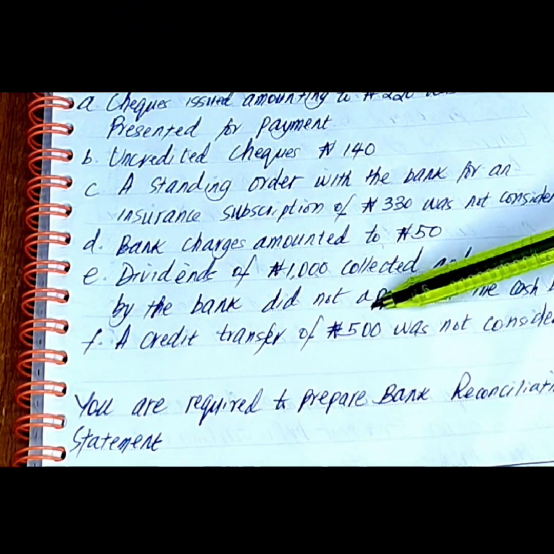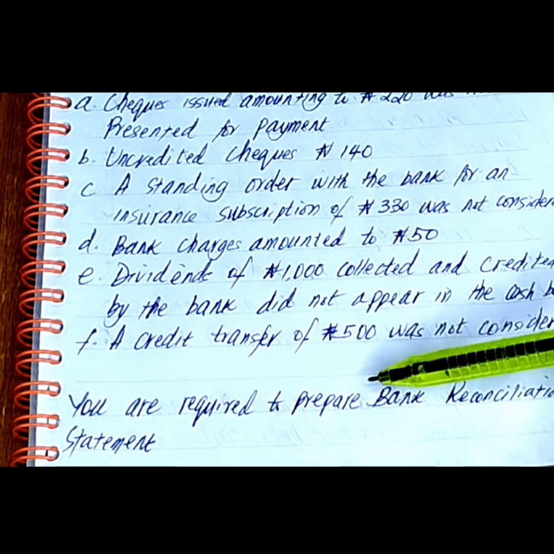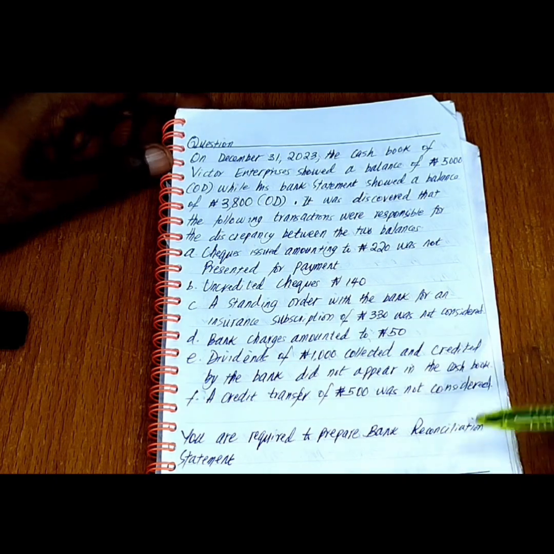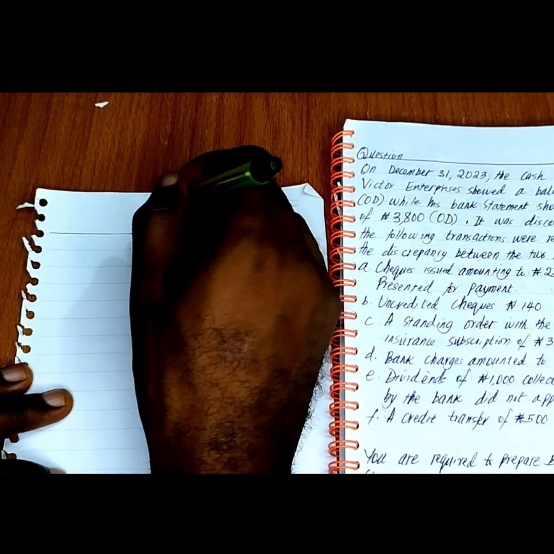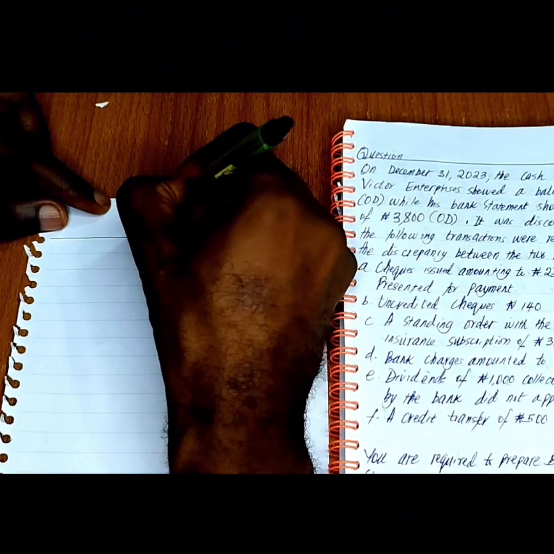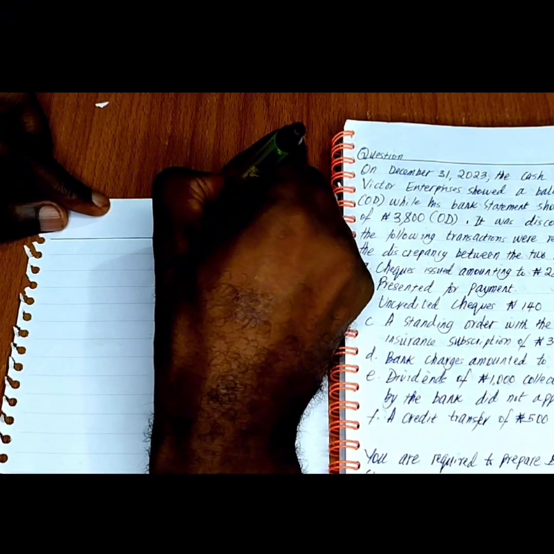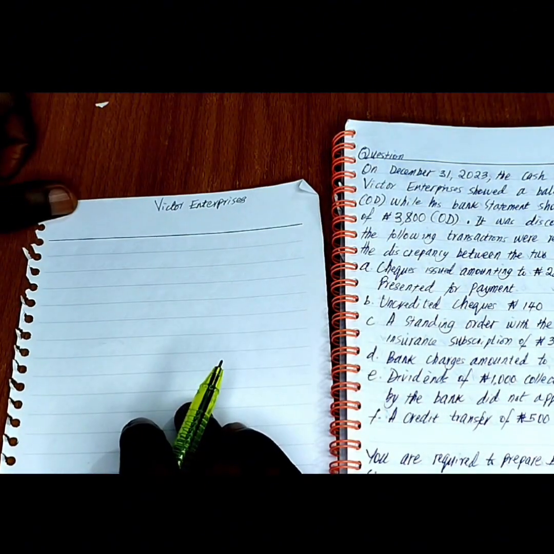A credit transfer of 500 naira was not considered. You are required to prepare a bank reconciliation statement. Let us prepare that now. So going by this, we begin by writing the name of the organization. That is Victor Enterprises.